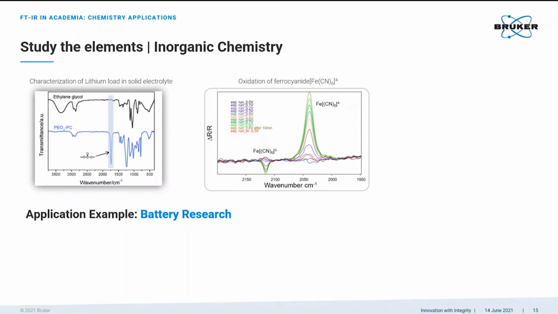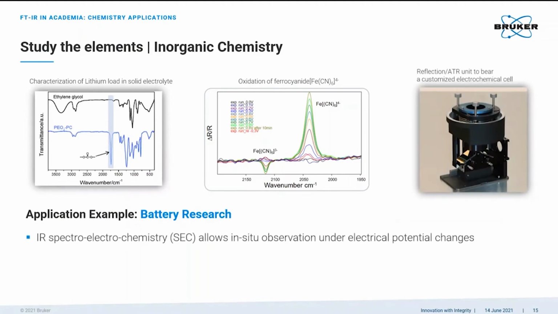This was simply done as a benchmark between different electrolytes. Overall, battery research is a topic that sees a lot of application from infrared spectroscopy, whether it's in fundamental research or by using spectroelectrochemistry to observe chemical reactions under electropotential changes in situ.